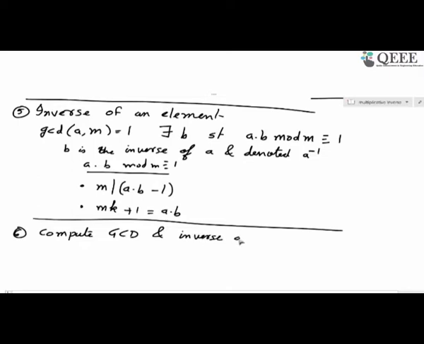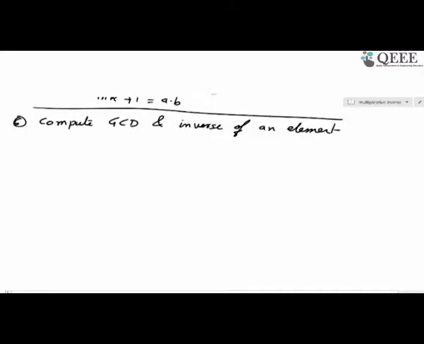We would not require this particular algorithm too much today, but just to recollect, computing the GCD was done with an algorithm known as the Euclidean algorithm, where it actually takes two numbers a and m and computes the GCD to be equal to, say, d.